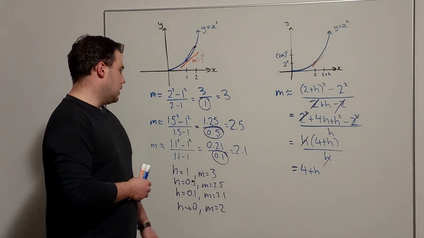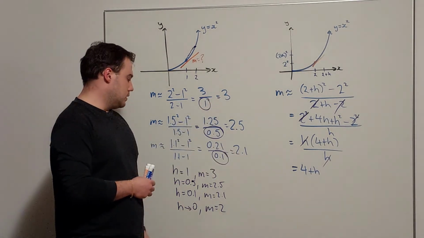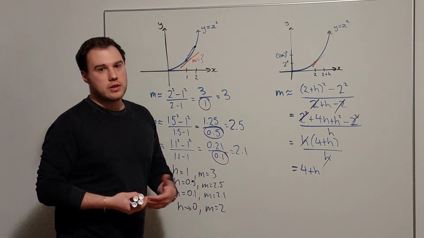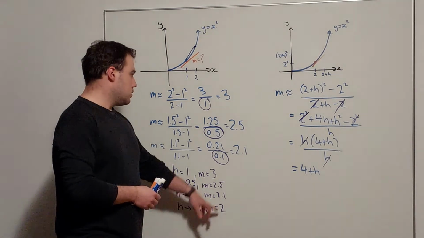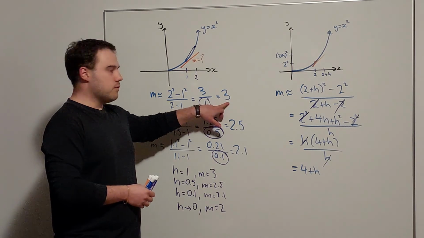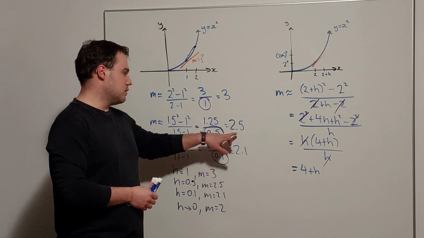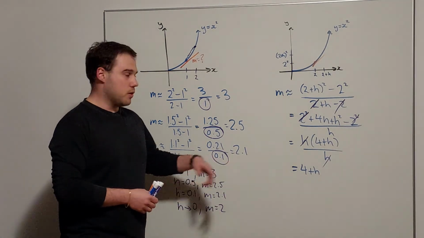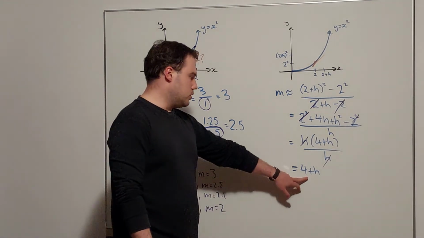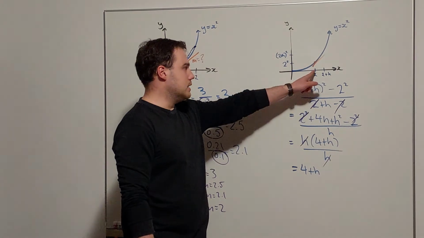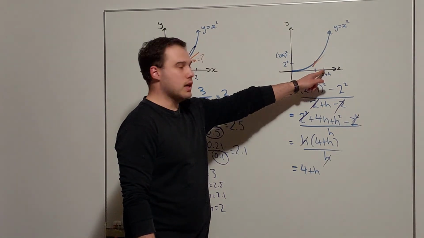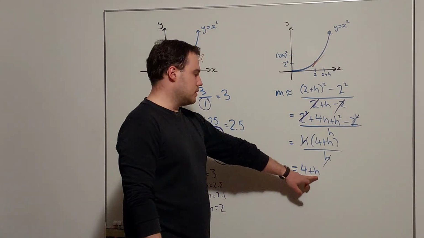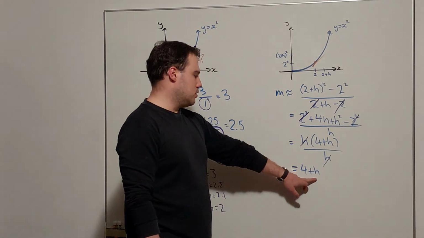You'll notice here that there's a bit of similarity with these. I said at the end of the day, we ended up with 2 as the actual gradient, and 2 plus a step size of 1 was 3. 2 plus a step size of 0.5 was 2.5. 2 plus a step size of 0.1 was 2.1. So likewise, if we chose a point a distance one away, so if we chose the point when x equals 3, well, 4 plus a step size of 1, we'd approximate the gradient to be 5.